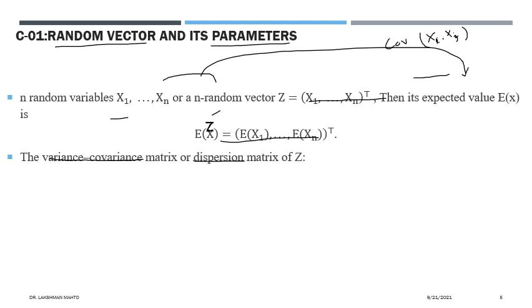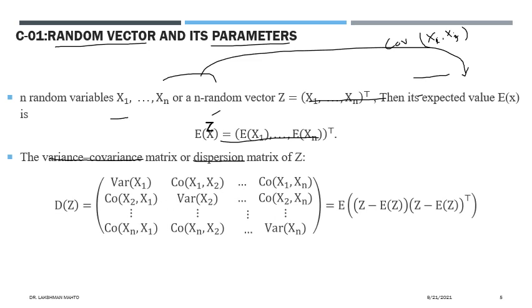The dispersion matrix, generally denoted D of z, contains the variances and covariances of all n components. Along the diagonal we observe only variance terms: the first diagonal entry is the variance of x1, the second is the variance of x2, and the nth is the variance of xn. The off-diagonal elements are covariances.